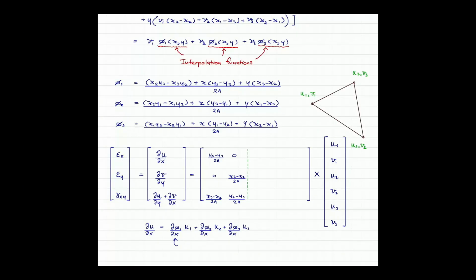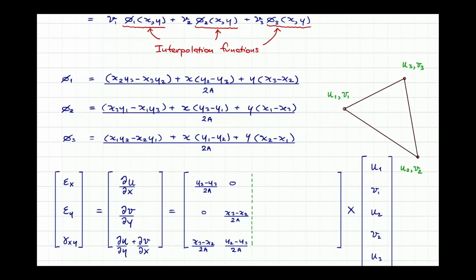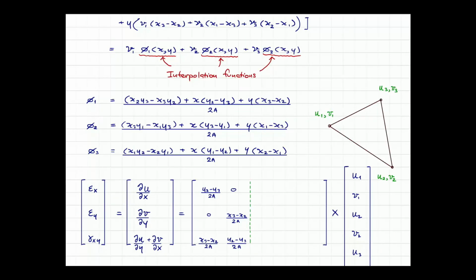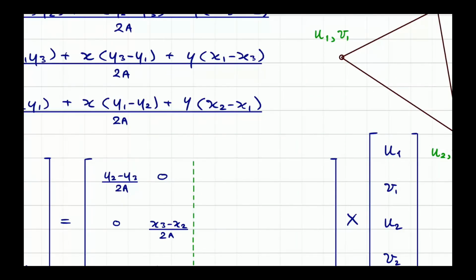Next, we move to the second node. So for the second node, the derivative of the shape function with respect to x, you get y3 minus y1. And then we get x1 minus x3.